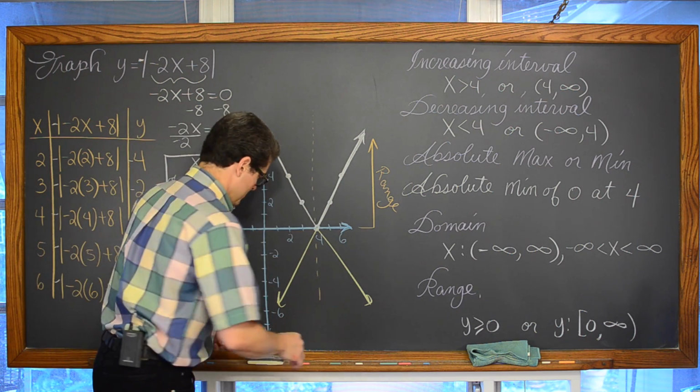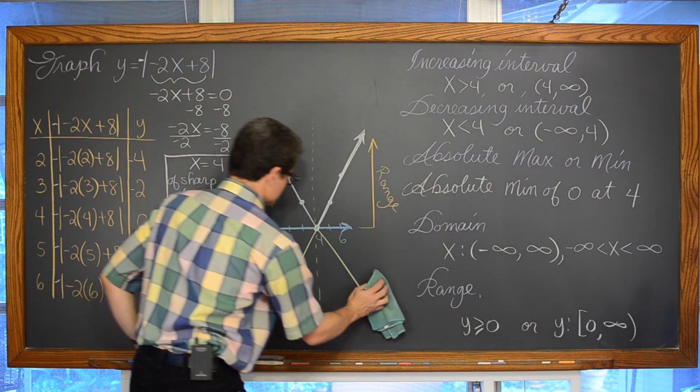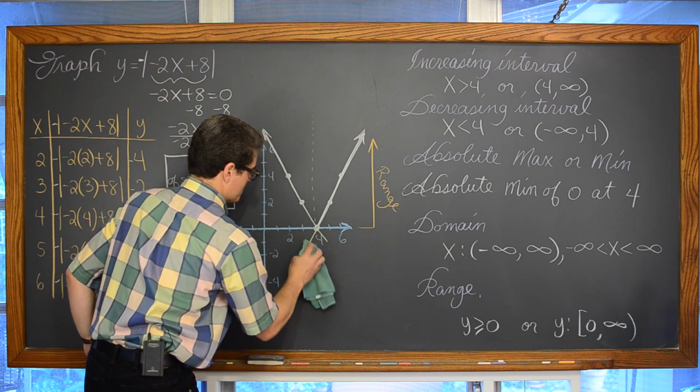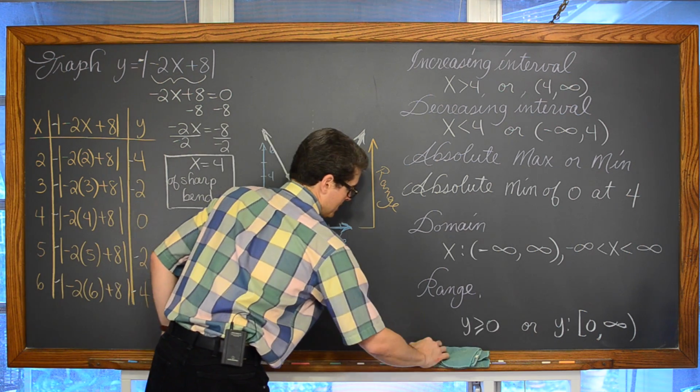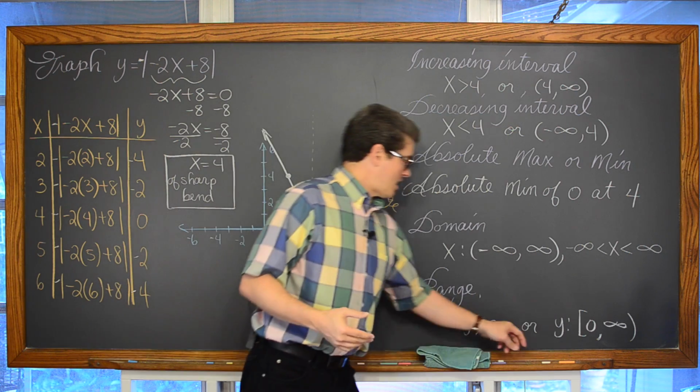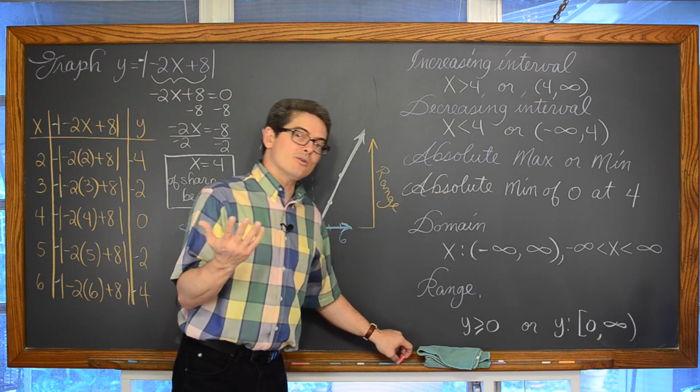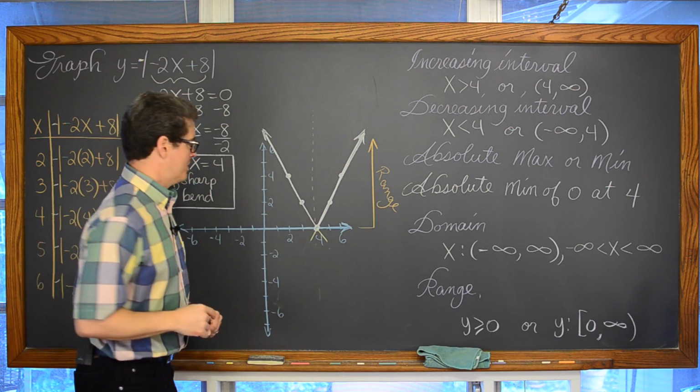And by the way, you should know what a function is by now, the difference between a function and a relation. I have been saying the word function a lot in this lesson, and if you did forget that, or again, I don't know what book you're using and what teacher you have.